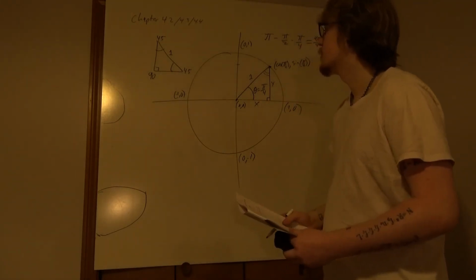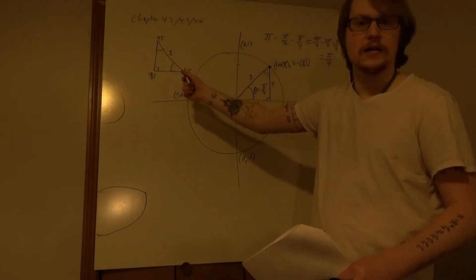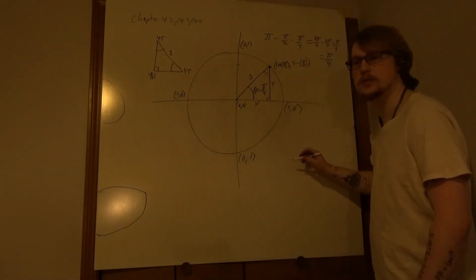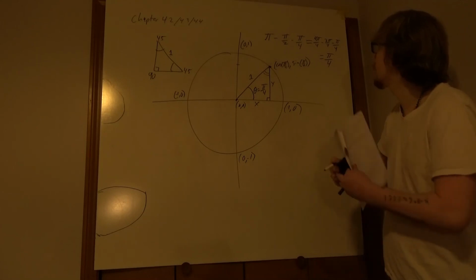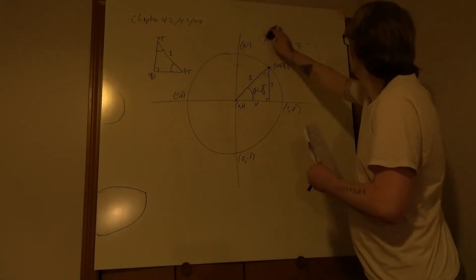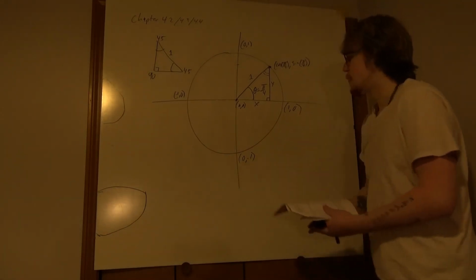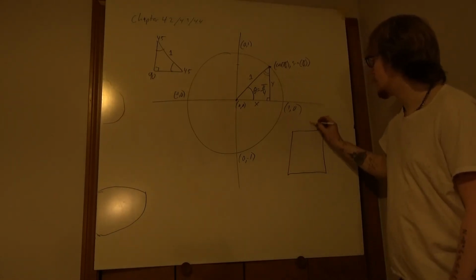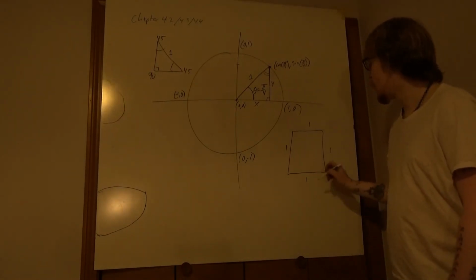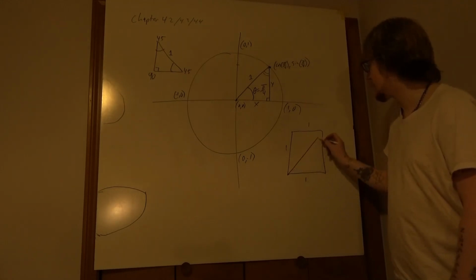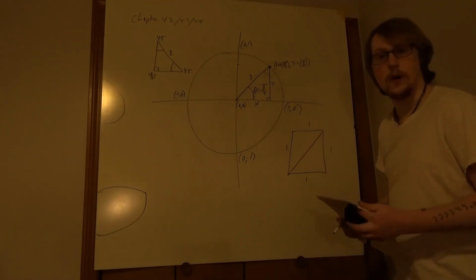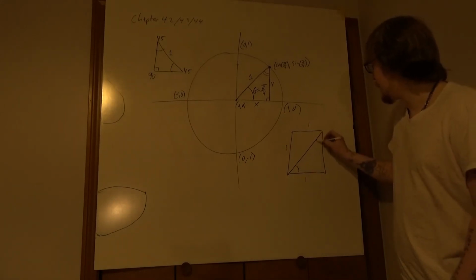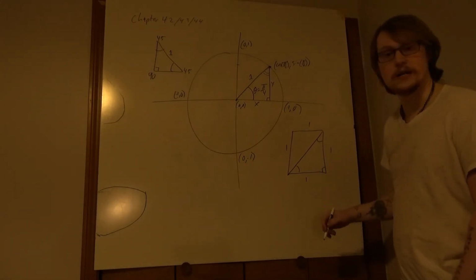If we look at the 45, 45, 90 triangle, we can figure out some things about it. I don't want to be super cluttered, but I don't really want to erase anything I have up. If I draw a square with side length 1, and I draw a diagonal of this square, first of all, it creates our 45, 45, 90 triangle, right?